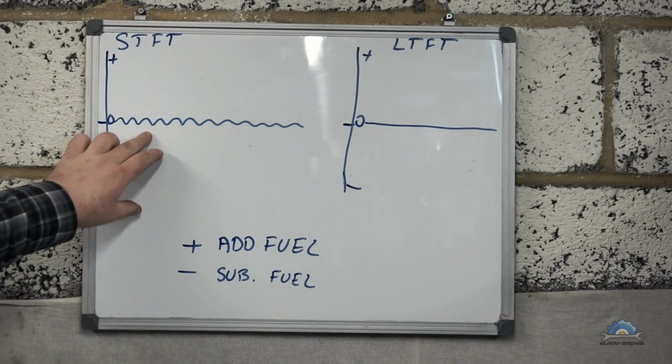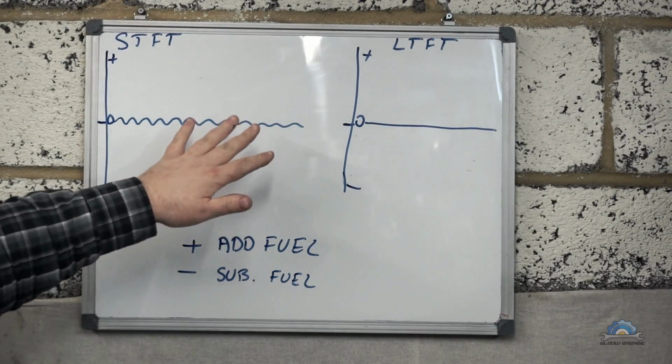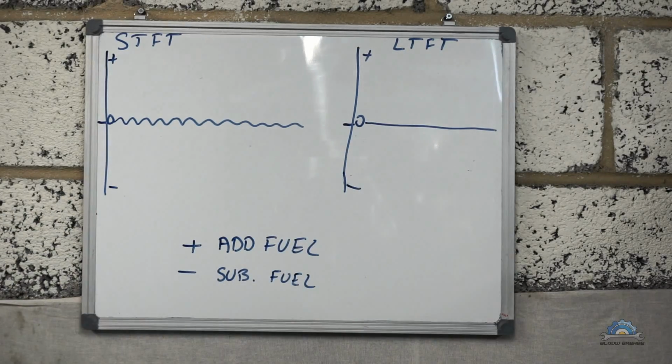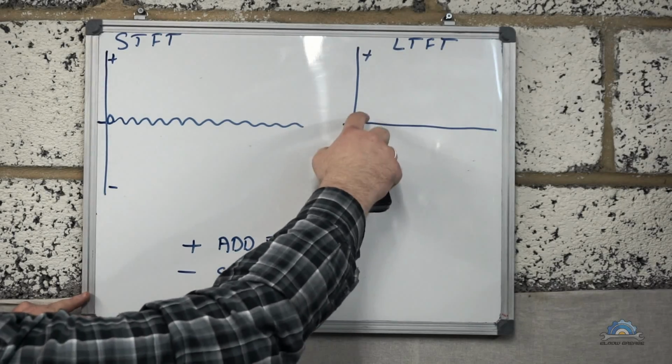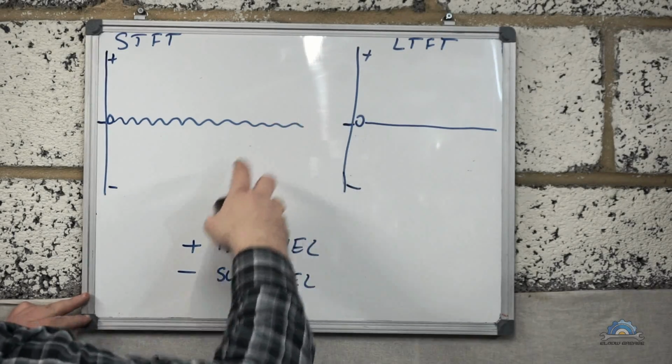So we see short-term fuel trims oscillating up and down, long-term fuel trims are dead. That's the dead line around small numbers close to 0.